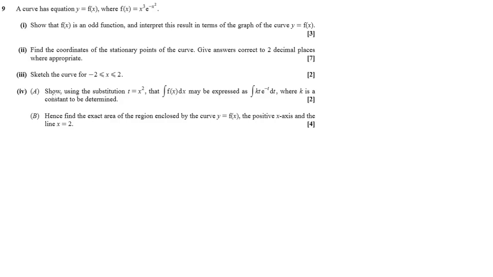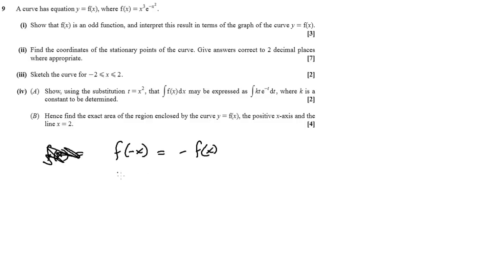Finally, question 9, part 1, show the f(x) is odd and interpret this result in terms of a graph. So let's see. The better definition of an odd function is f of minus x is equal to negative f(x).